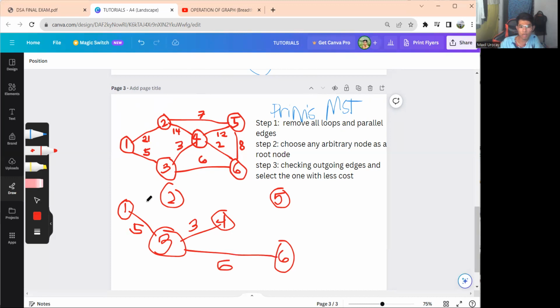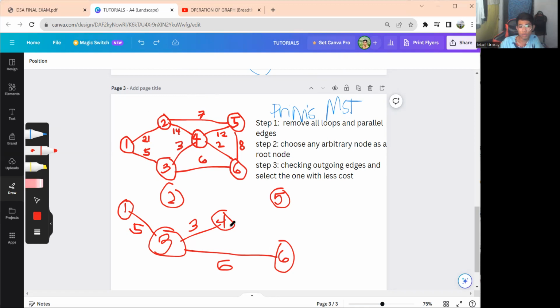So 6. You can also use 1 to 2, since that's not a cycle. But however, class, 21 is very high. If you look at your graph, 21 is the greater value. So we will not use it.